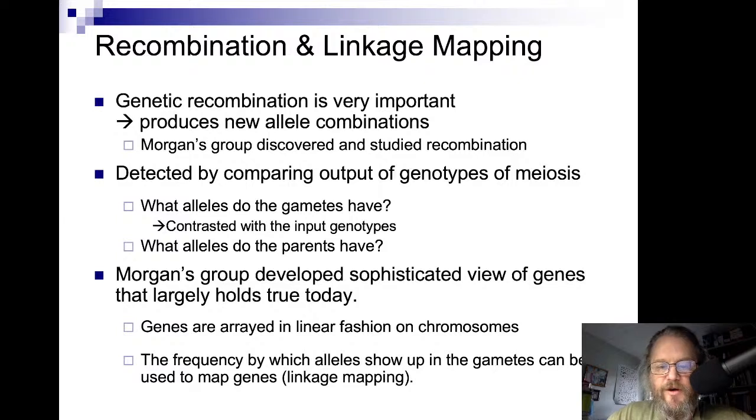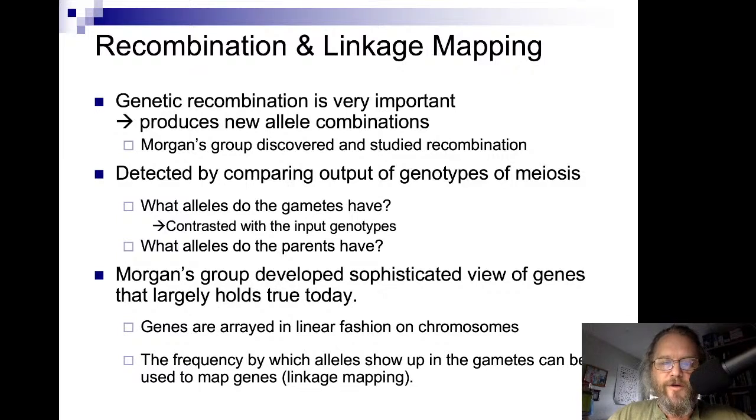Genes are arrayed in linear fashion on chromosomes. One of the things Morgan's group got wrong was the idea that the arrangement of genes on chromosomes was permanent, in the sense that generation to generation you could always know that they would be located there. And so you should right away recognize that biology is much, much more interesting.